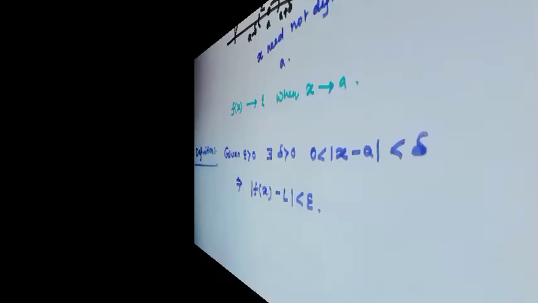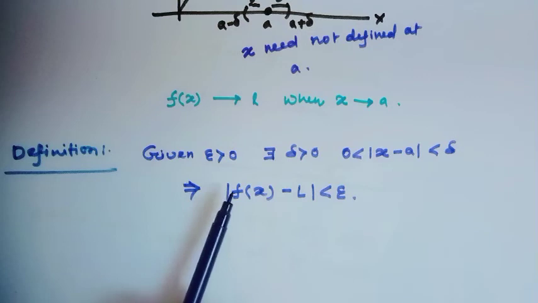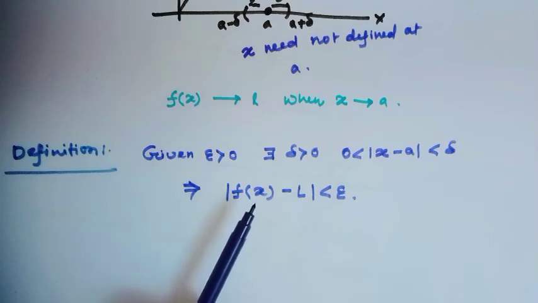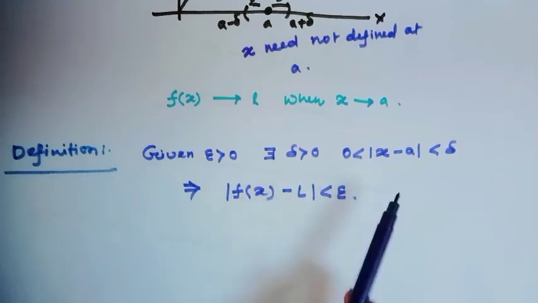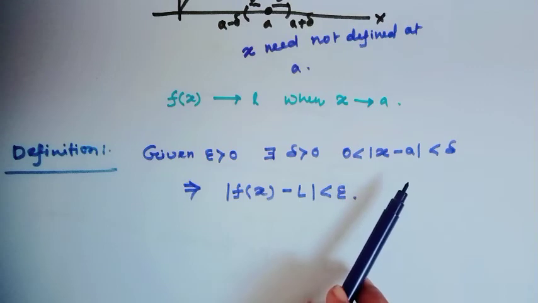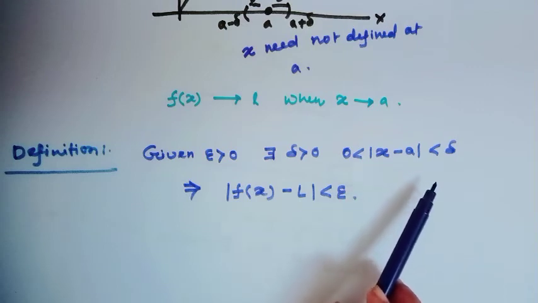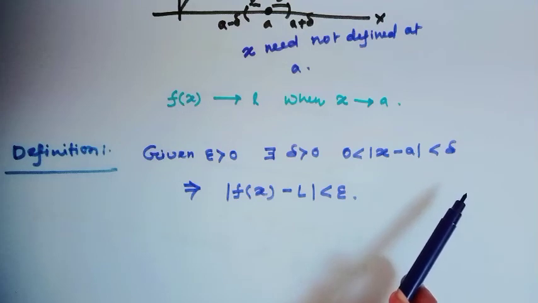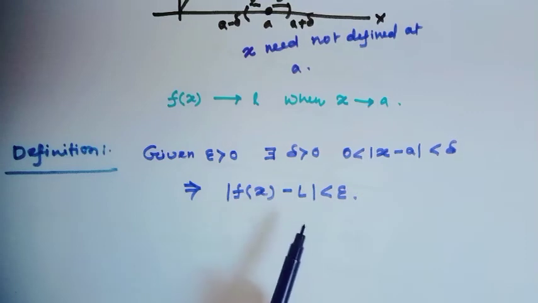The usual definition is: given any epsilon greater than 0, there exists delta greater than 0 such that the distance between x and a is less than delta implies the distance between f(x) and the limit point is less than epsilon.